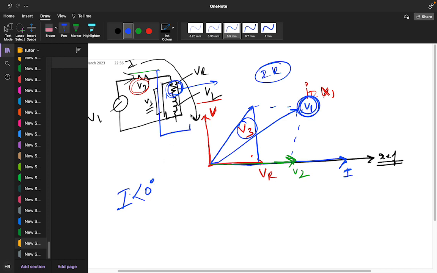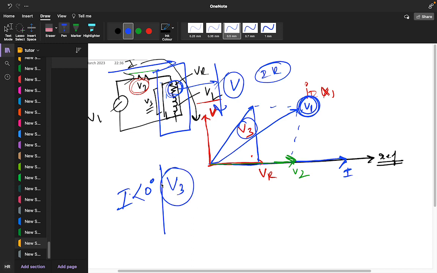You are seeing this as a load, so you have to see the angle between your current and your load voltage. So your load voltage is V3. So we are seeing the angle between V3 and I, and the angle between V3 and I is giving phi. So that's why it's becoming a power factor angle.